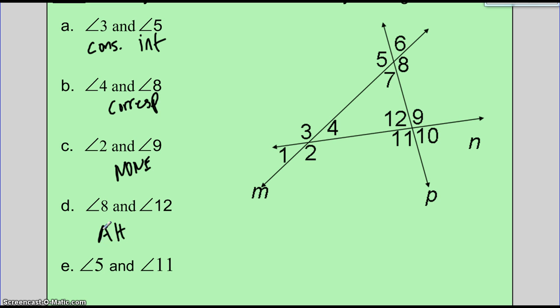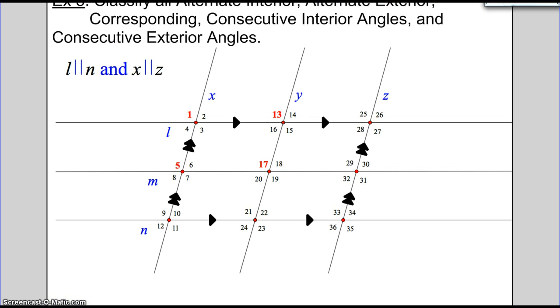Alternate interior. And 5 and 11 are consecutive exterior. Okay. And that's a lot more practice for identifying alternate interior, alternate exterior, corresponding, consecutive exterior.